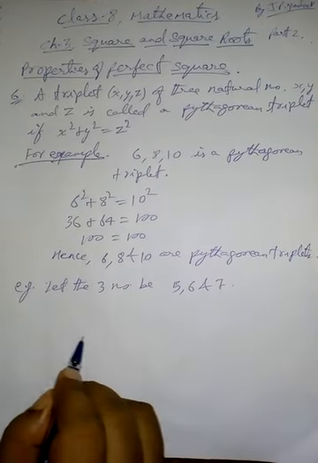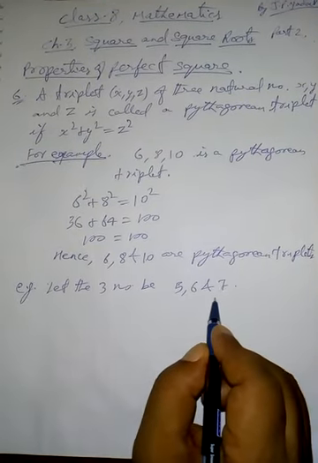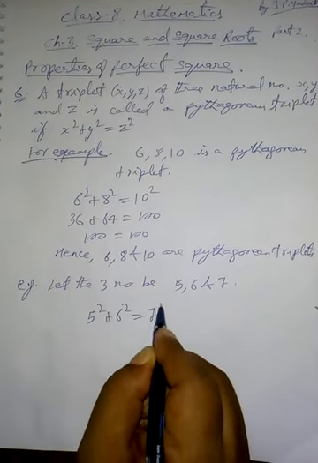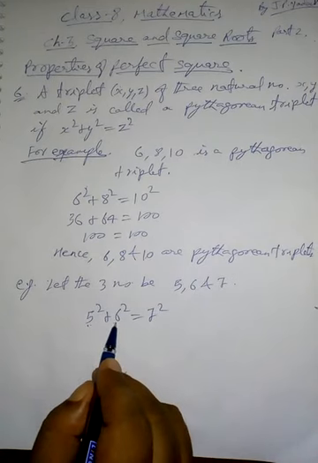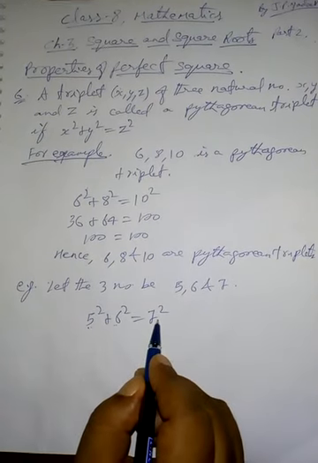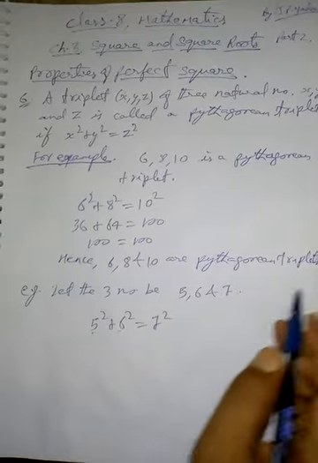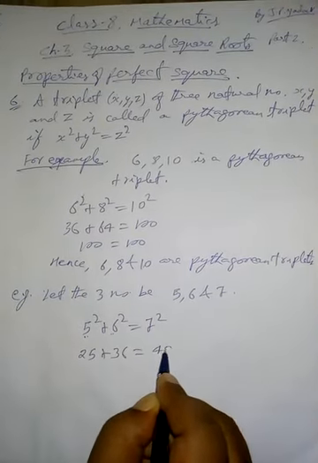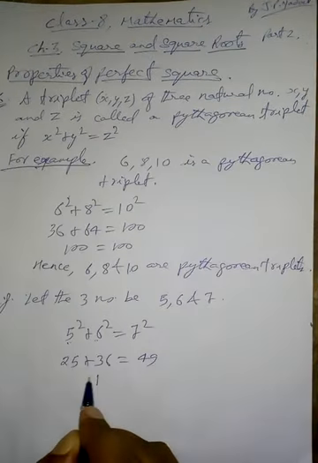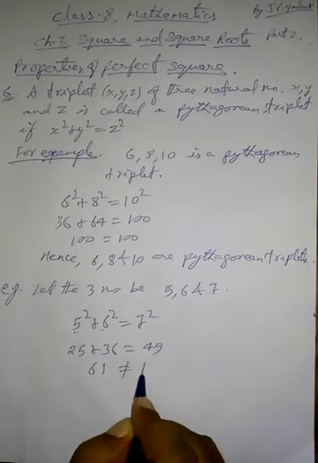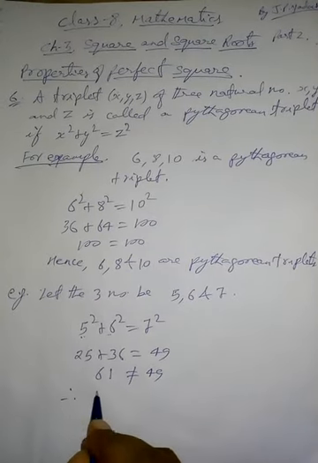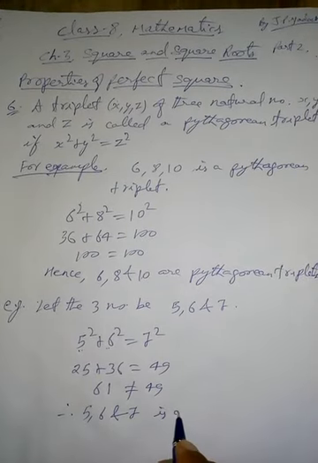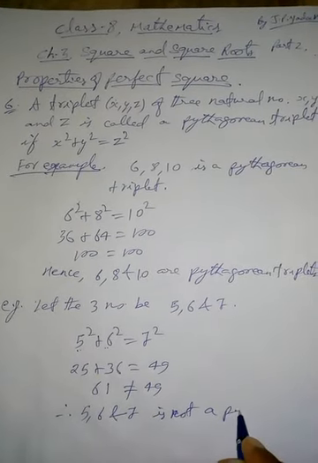So 7 is greater, so we'll check 5 square plus 6 square is equal to 7 square. The sum of the squares of the smaller numbers must be equal to the square of the greater number to satisfy the Pythagorean triplet. So it is 25 plus 36 is equal to 49. We see that 61 is not equal to 49. Therefore, 5, 6 and 7 is not a Pythagorean triplet.